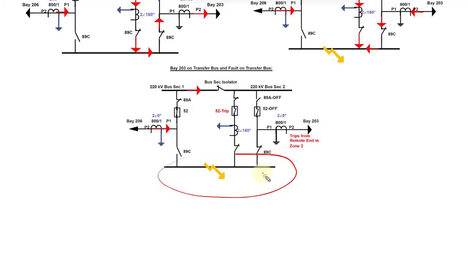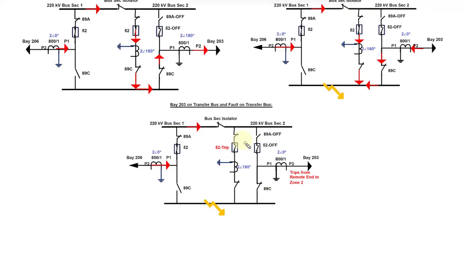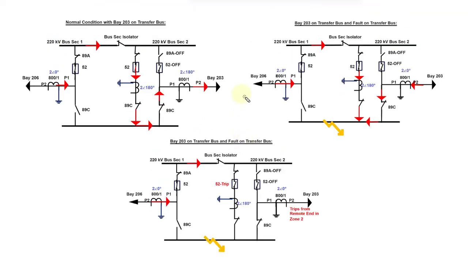This line may still feed the transfer bus fault, but it will get cleared from the remote end. In the main bus, all the feeders on that particular section get tripped, but in the case of a transfer bus fault, only the transfer bus coupler breaker will be tripped by the busbar relay.